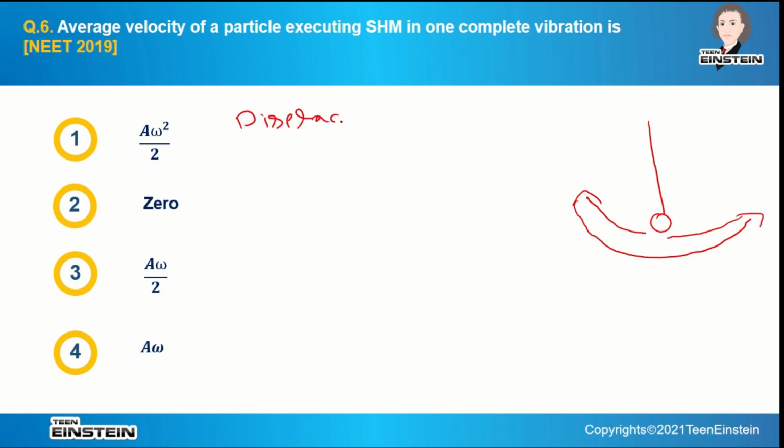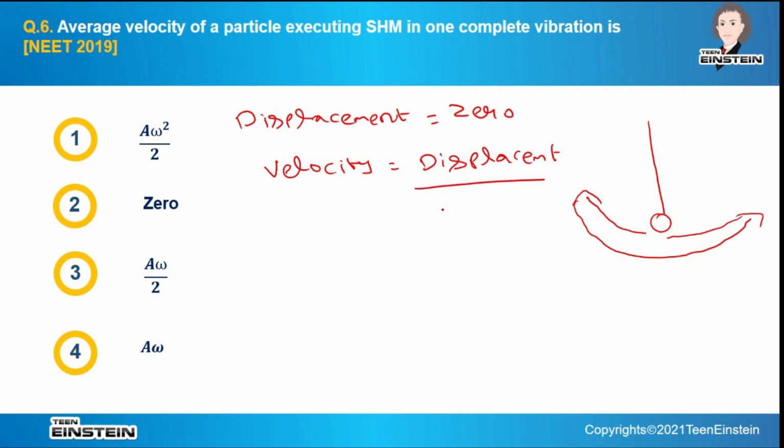So the average velocity will also become 0, because the average velocity is given by displacement by time interval.